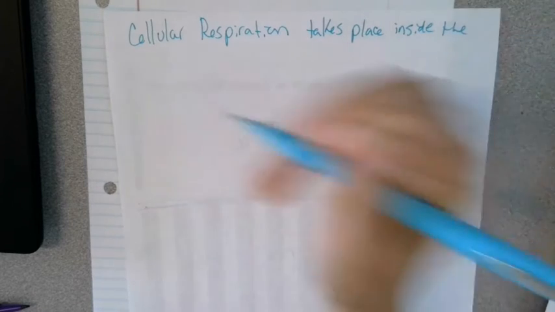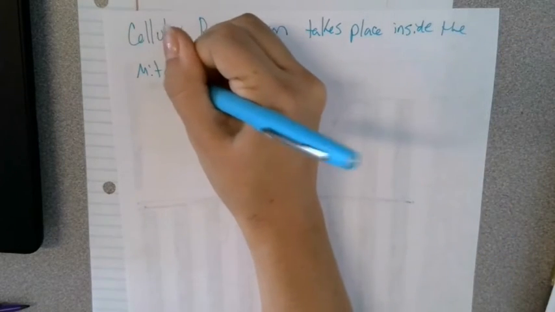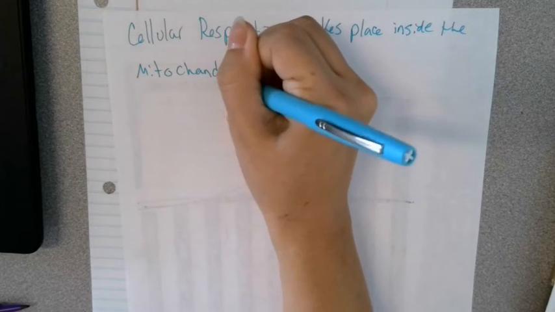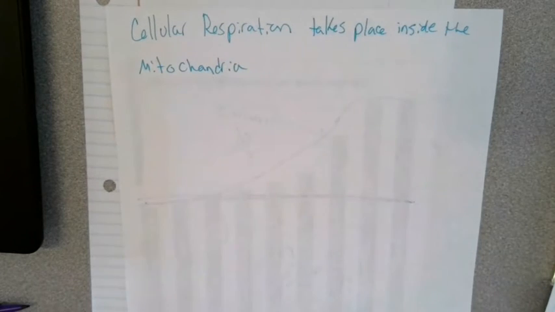This may seem very familiar because if you were just coming from a biology class, chances are this is where you ended at the end of the school year. So when you have cellular respiration, it is occurring within the mitochondria.